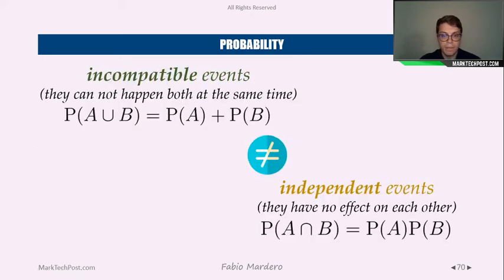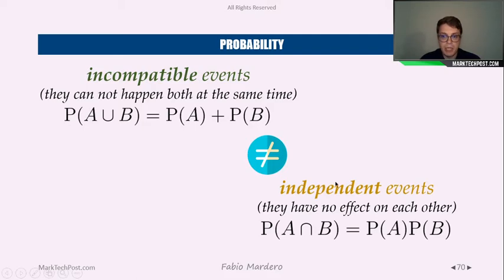So we have to take care to distinguish incompatible events and independent events. Incompatible events means that they cannot both happen at the same time, but still one event could be conditioned by the other. That happens maybe 1 second after the first one.